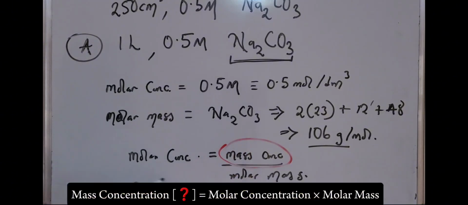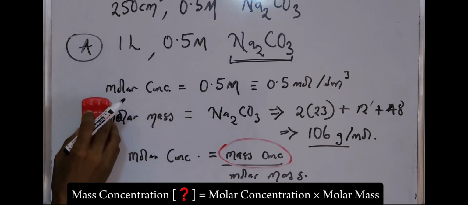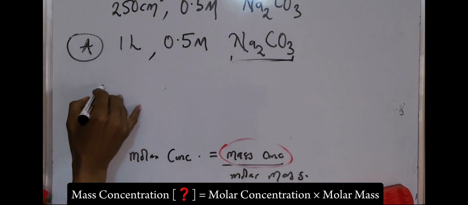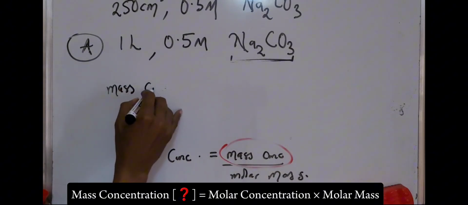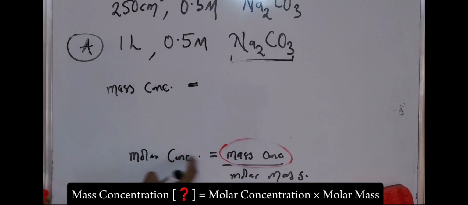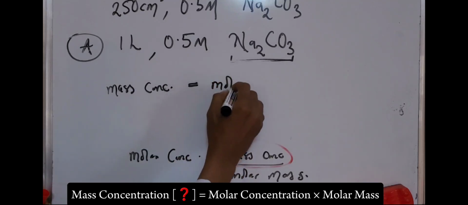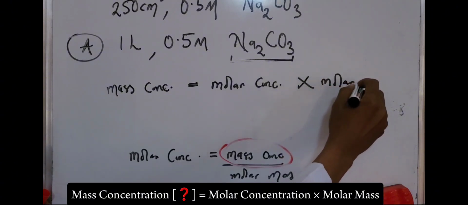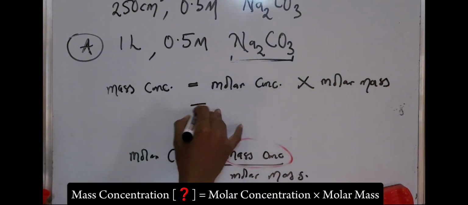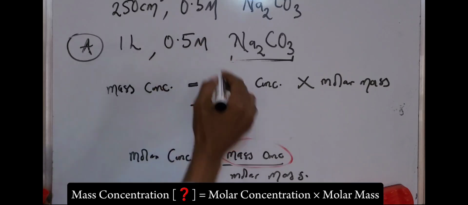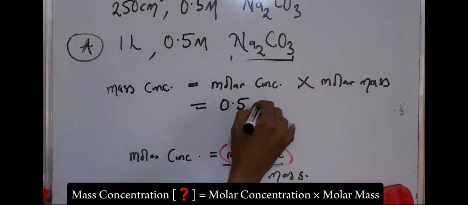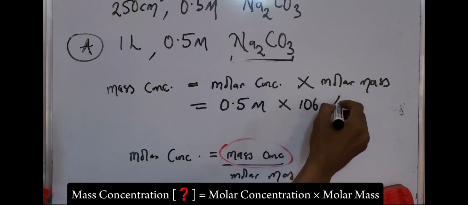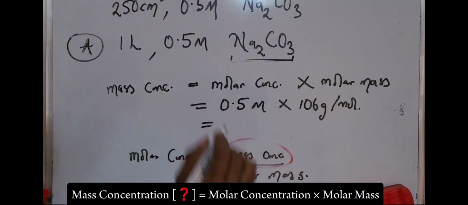So it's going to be, let me wipe the upper part, okay? Mass concentration will be equal to this multiplied by this. That is molar concentration times molar mass. What was the molar concentration? 0.5 molar times molar mass. We calculated this to be 106 gram per mole.